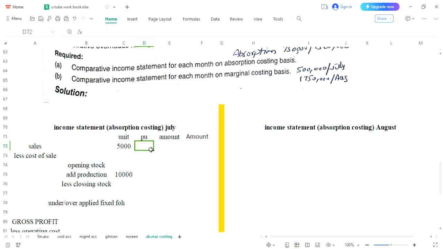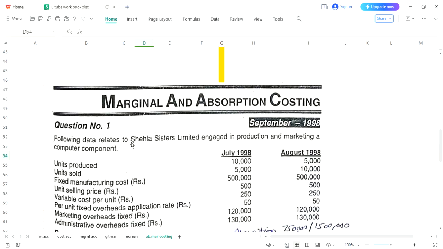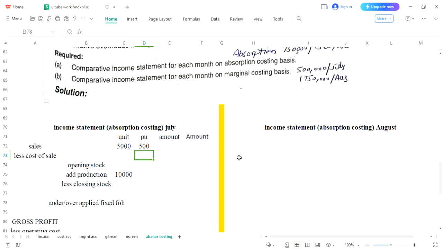This is your sales, and per unit you will write 500 here. When we discuss under applied or over applied, you will have to focus here. You had produced 10,000 units. Normal production is not mentioned in the question, but this would be considered your normal production as you have produced 10,000 units. Later on we will discuss it again.